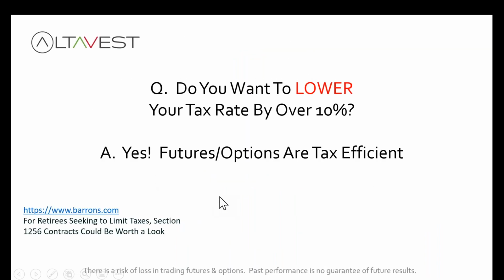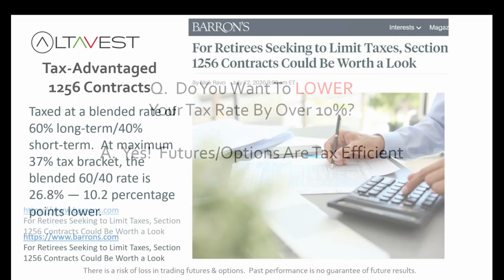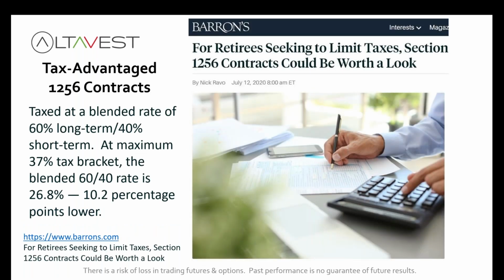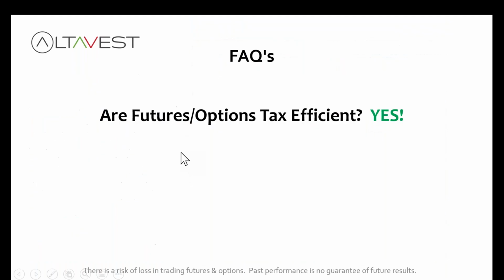Now, a few Q&A here. How about lowering your tax rate by 10%? Well, you can. Futures are tax efficient. 60-40 blended rate. And what am I talking about? Well, your gains, 60% of those are taxed at the longer term capital gains rate, and those rates are lower than the personal income tax rate.